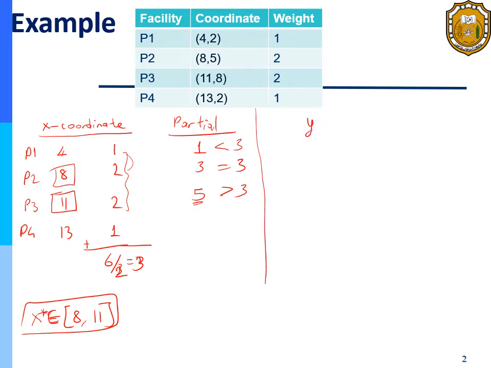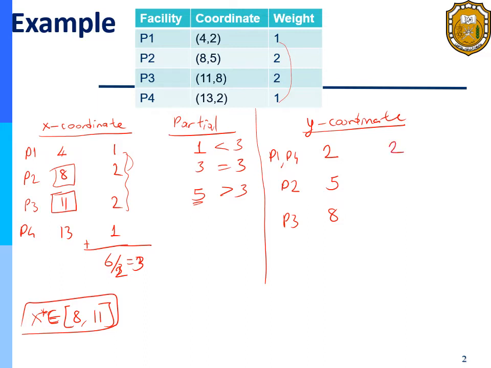What about the y coordinate? Again, we need to order them, and we see that there is this coordinate of 2 for which there are P1 and P4, okay, at the same coordinate. Then the coordinate is 5 for P2 and 8 for P3. And the weights here, the partial weights for the first one, it will be the sum of these two because they are on exactly the same coordinate.